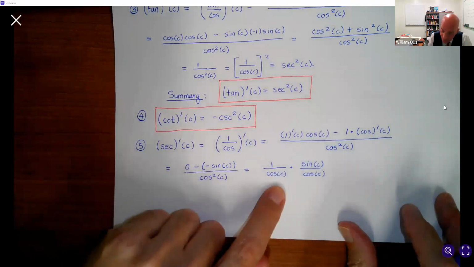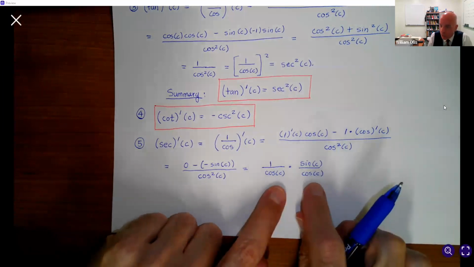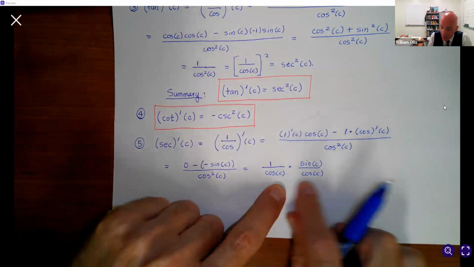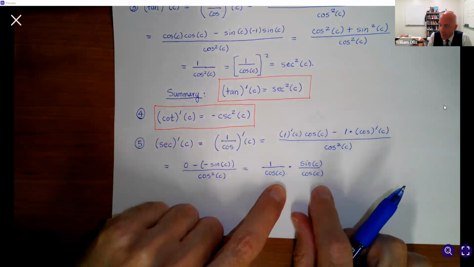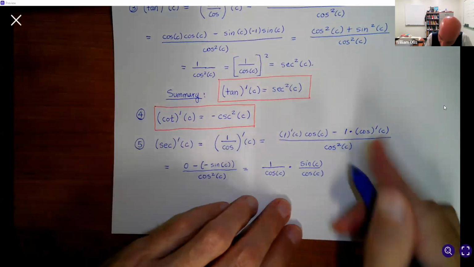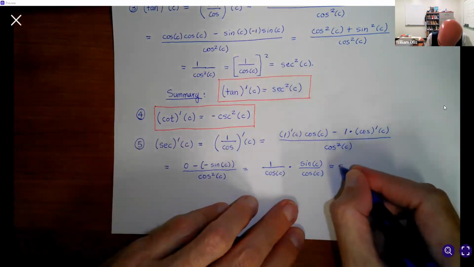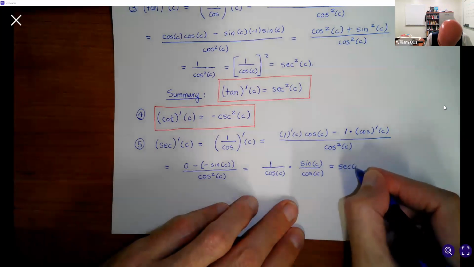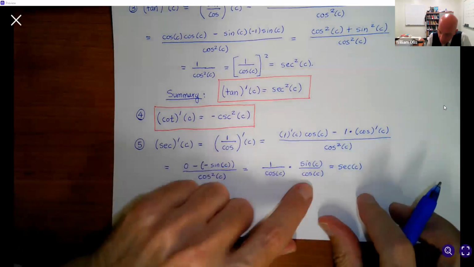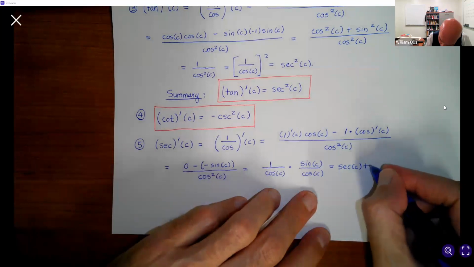So when we look at this, we're thinking, well, do we stop here? No, now we want to use just basic identities. Of course, 1 over cosine is secant. And then, of course, sine over cosine is the tangent.